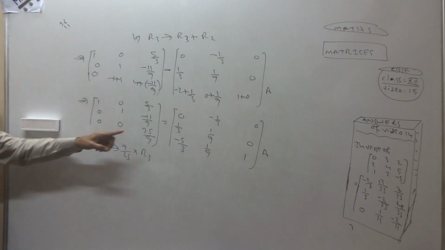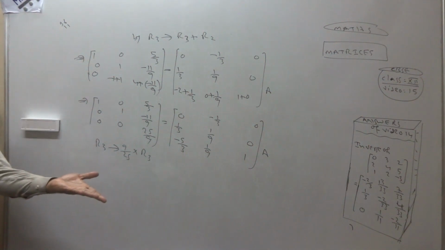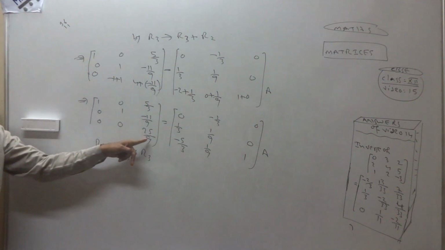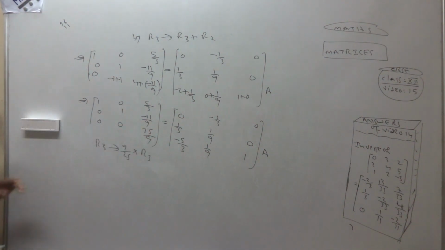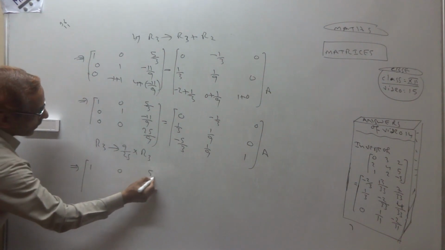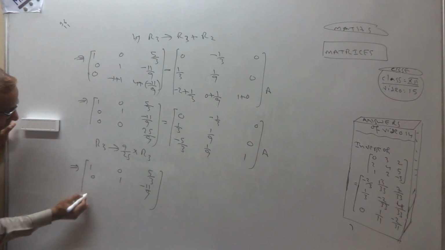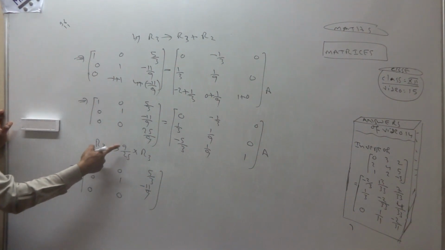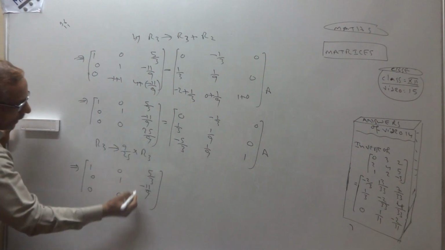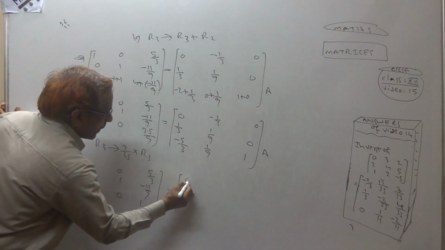When 25 by 9 is there, you multiply it by 9 by 25. 9 by 25 into 25 by 9, it becomes 1. Because we have to make this 1. 1, 0, 5 by 3, 0, 1, 11 by 9, 0, 0. So 9 by 25 into 25 by 9, 1. Okay. Remaining same.